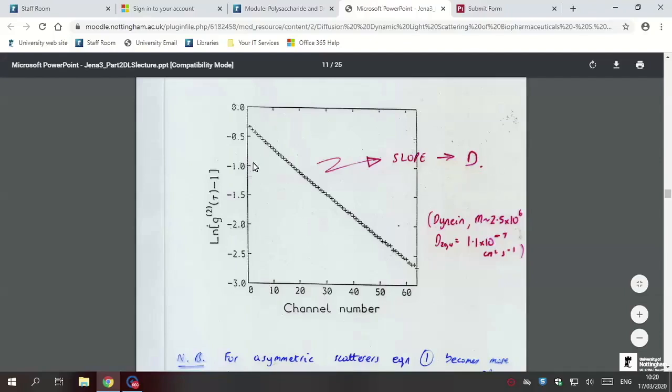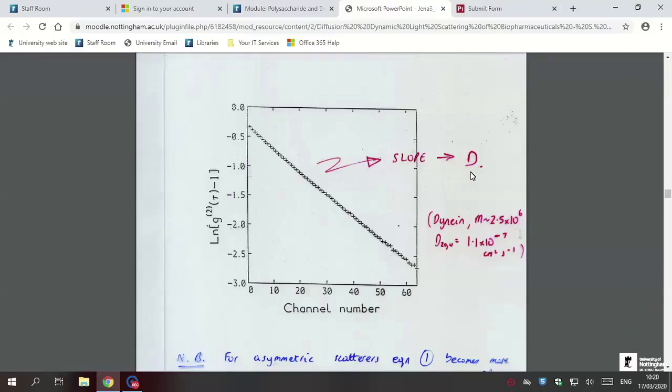So the greater this drop in correlation, the greater the diffusion coefficient and the faster the molecules are moving. And that's what the device measures.